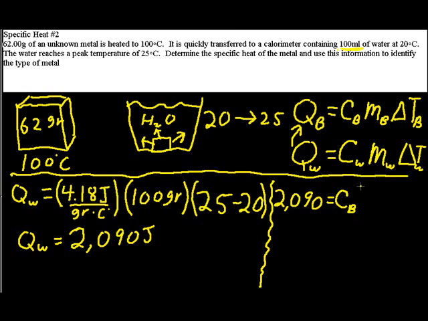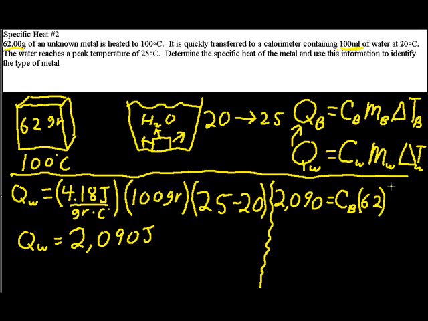The mass of the block, it says right here that the block weighed 62 grams. Unfortunately, I have to leave off units because I can't make it fit. But that's 62 grams.